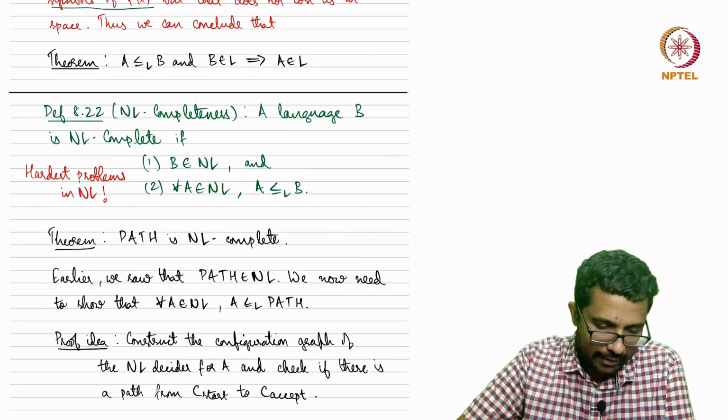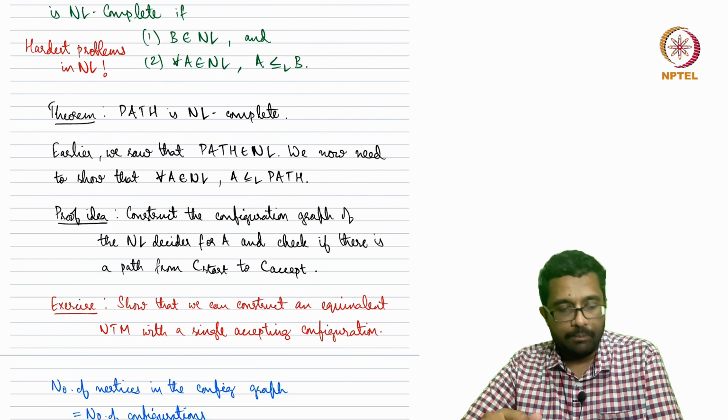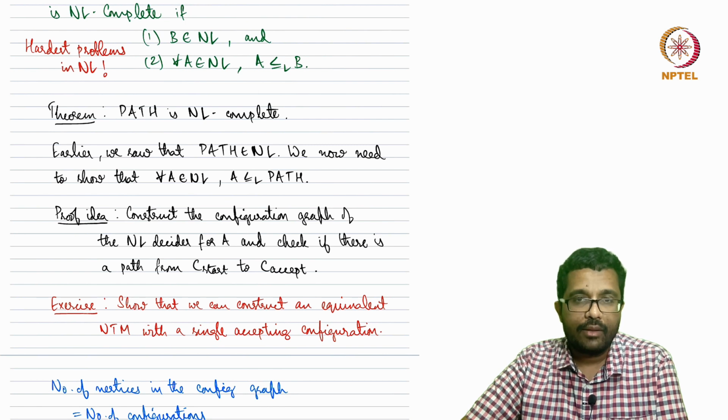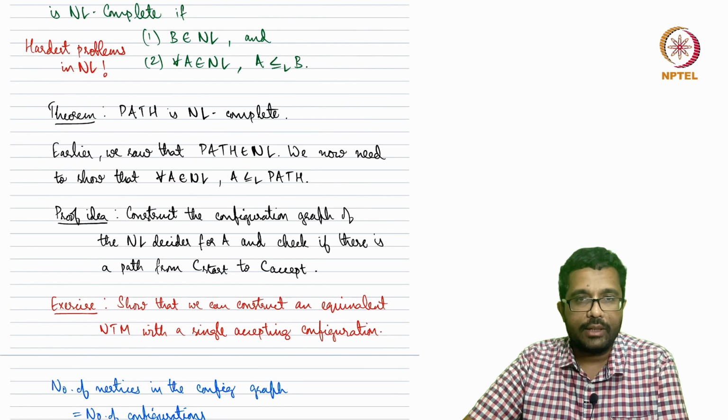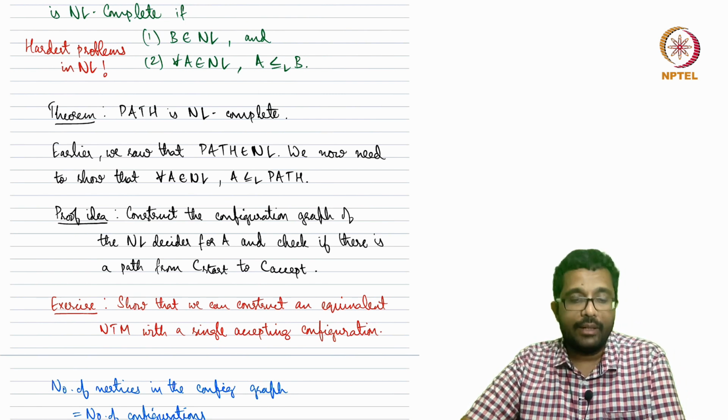Okay, so now let us move to the proof that the language PATH is NL complete. PATH, given a directed graph G and two vertices S and T, asks: is there a directed path from S to T, right? So we need to show that this is NL complete.